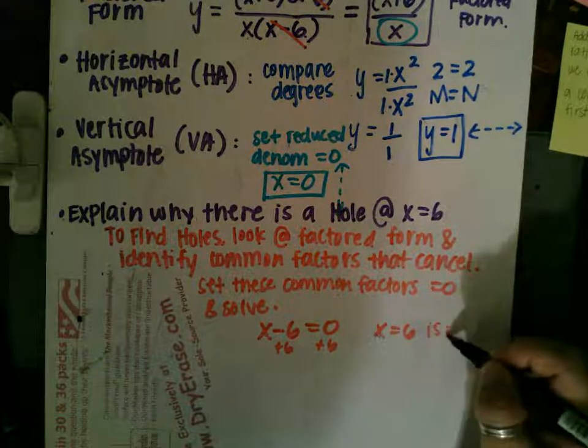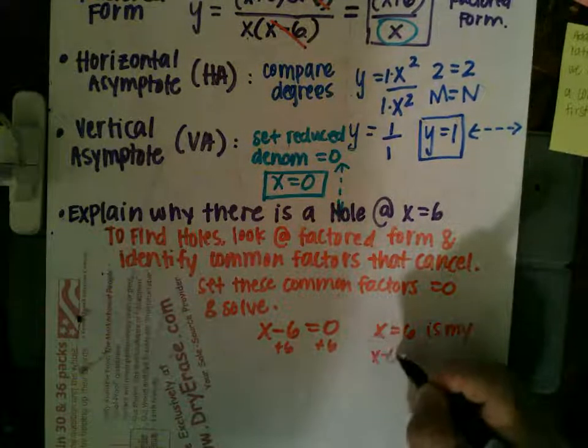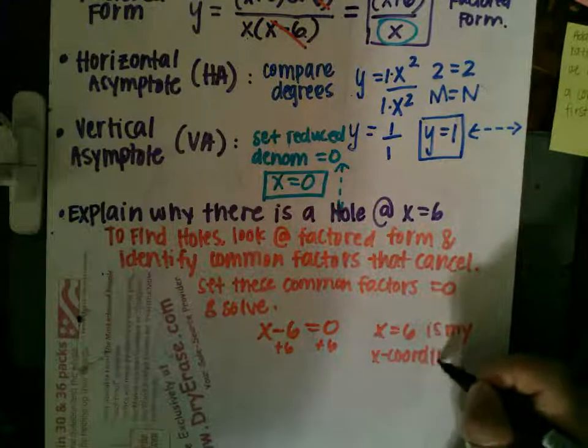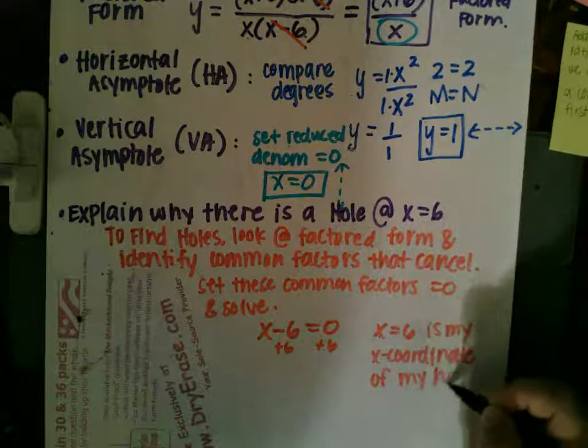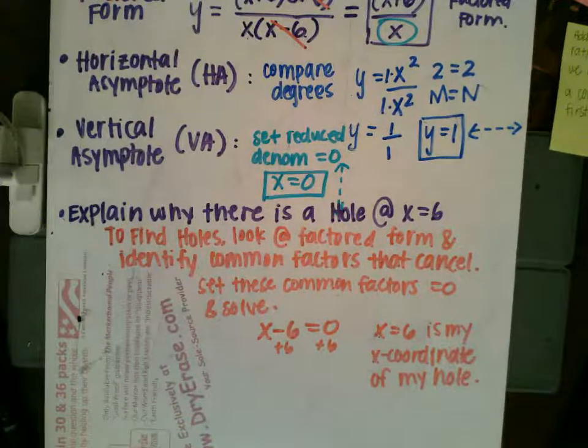So this is my x coordinate of my hole. So that is exactly why there's a hole at x equals 6. It's because it is where the canceled factors are equal to 0. My canceled factors in this example were x minus 6 over x minus 6. I set it equal to 0, and I found the x coordinate of my hole.